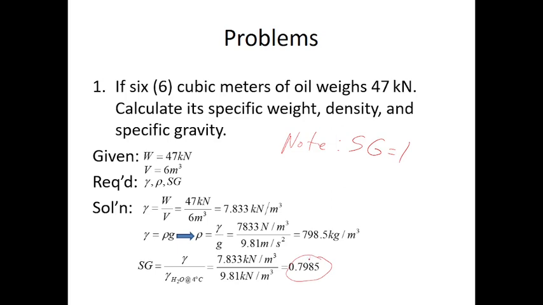So ibig sabihin, kapag naghalo yung dalawang likido, mapupunta sa taas yung oil, sa ibaba naman yung water, dahil more dense ang tubig, or masasabi natin less dense ang oil kumpara sa tubig.